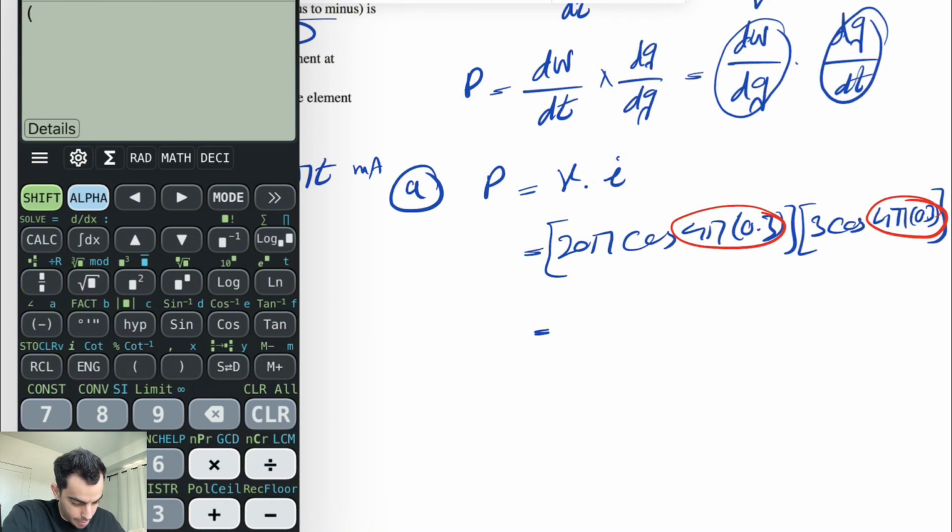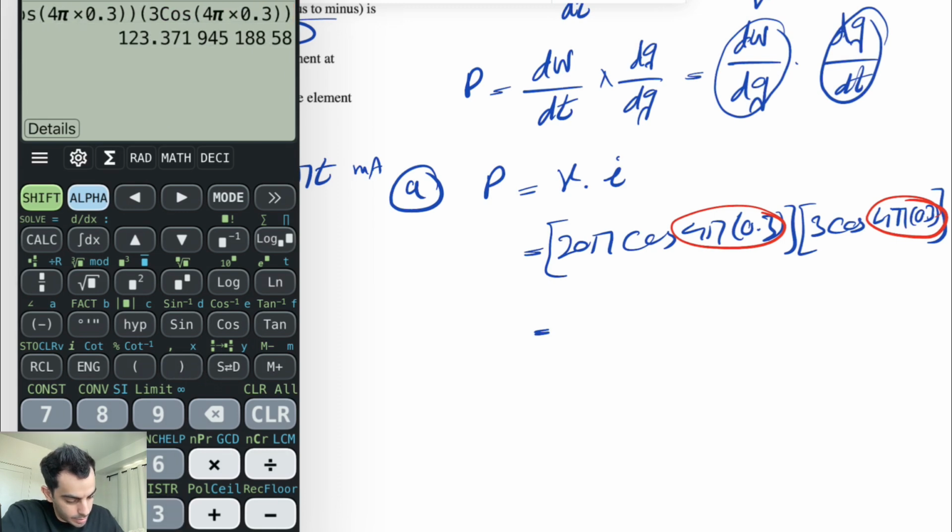So we're going to have 20 pi cosine of 4 pi times 0.3, multiplied by 3 cosine of 4 pi times 0.3.